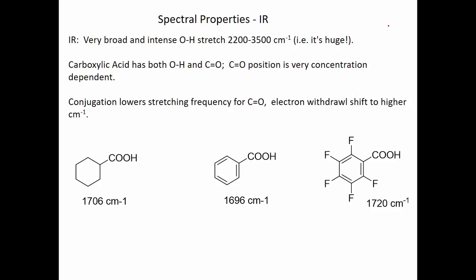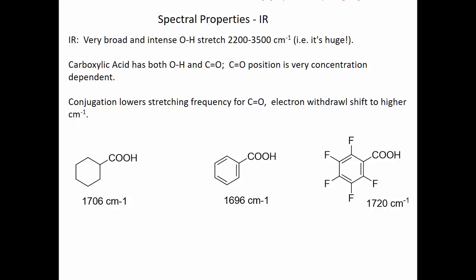Okay, we're now going to look at spectroscopy of carboxylic acids. We've already been introduced to the OH group in the alcohol chapter and the C double bond O in the ketone and aldehyde chapter, but the interplay of these groups leads to a few differences. So first let's look at the infrared.